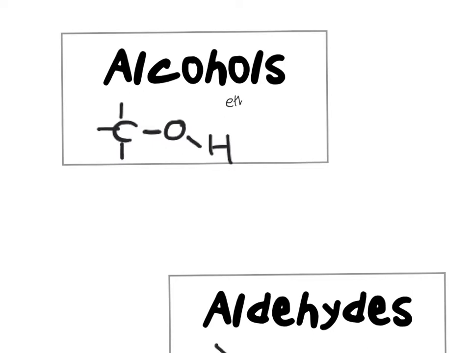Ethanol, as the stem suggests, eth, contains 2 carbons, and because it's got the suffix -ol, that suggests it's got a hydroxy group or hydroxyl group, which is the OH, and there's the rest of the carbon skeleton. So an alcohol is characterised with the OH functional group.